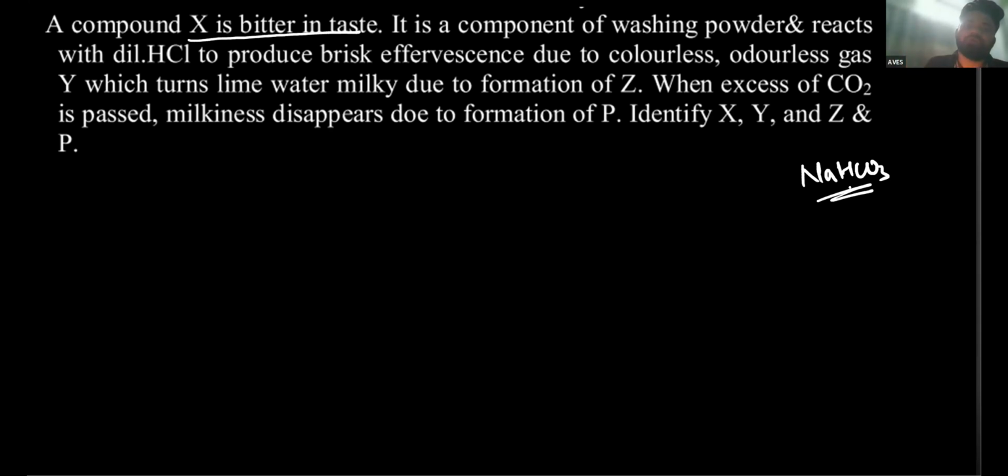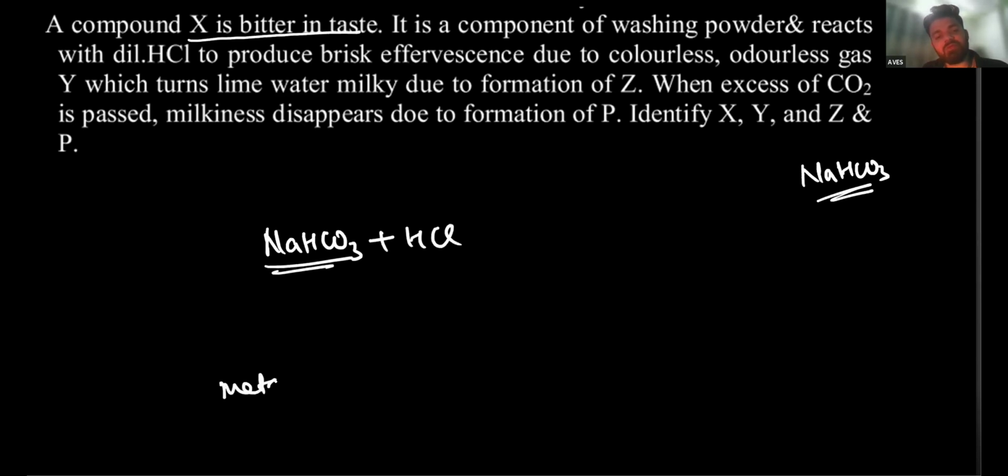So it is a component of washing powder and reacts with dilute HCl. What happens when sodium hydrogen carbonate, let's suppose, reacts with dilute acid? This is a metal hydrogen carbonate.